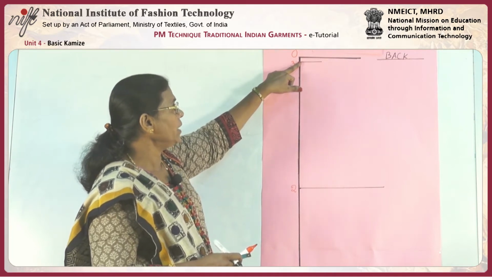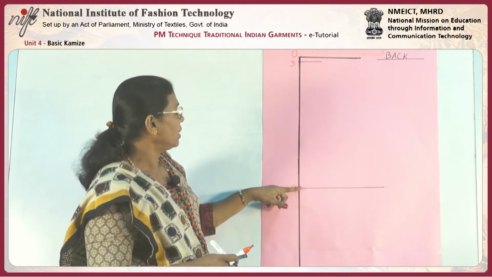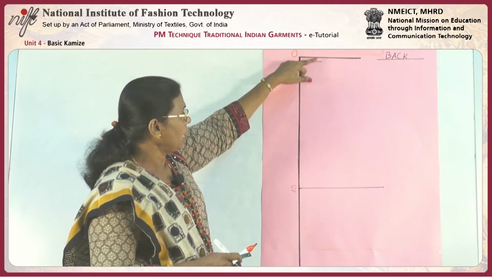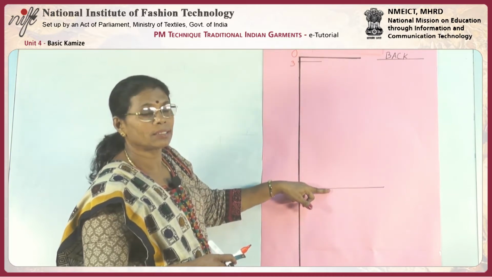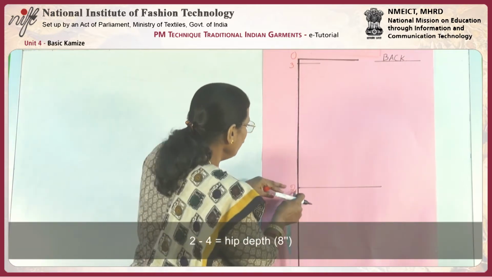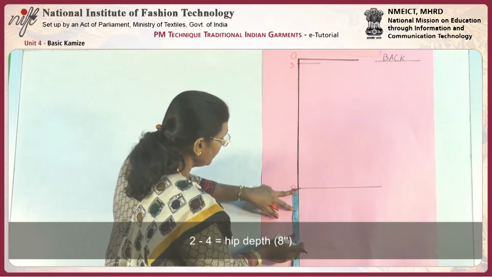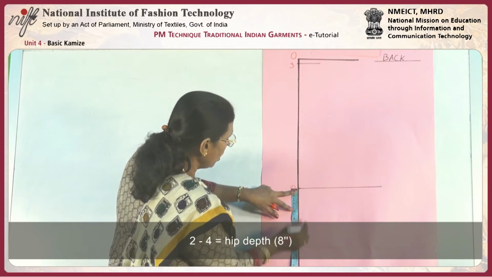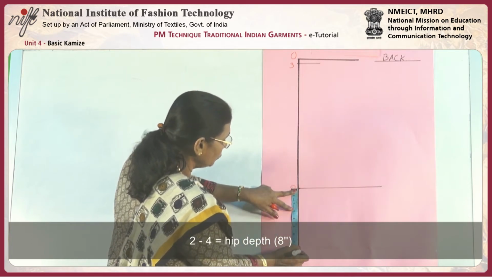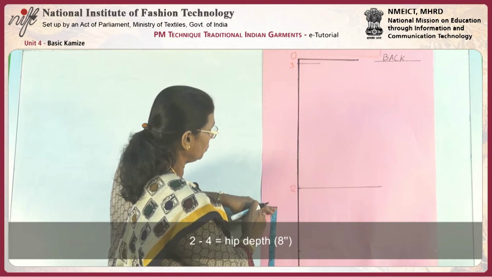We can find the difference between the natural waist length and the total length. Then 2 to 4 is equal to hip depth. Hip depth is 8 inches. Mark 8 inches down from 2, which is 4.